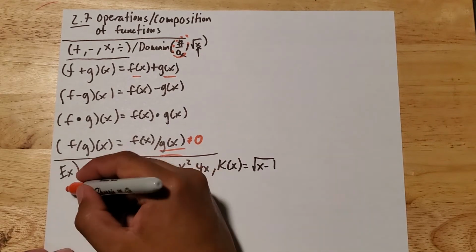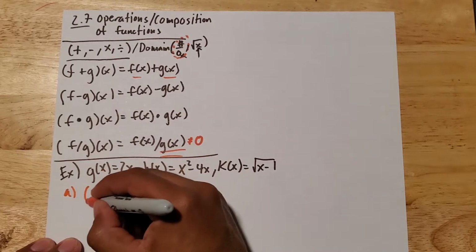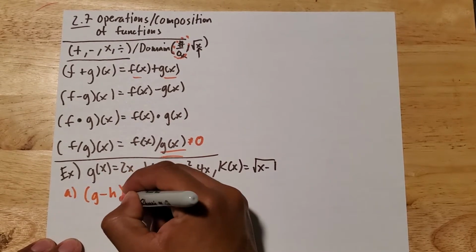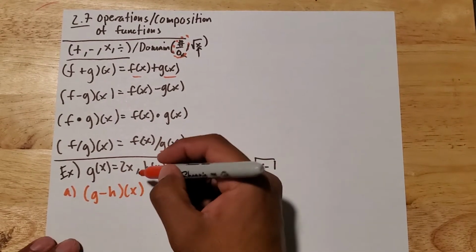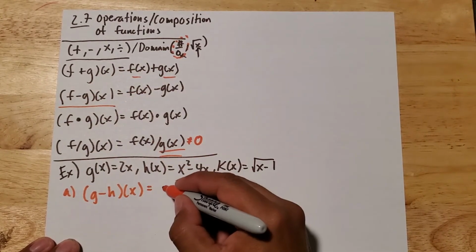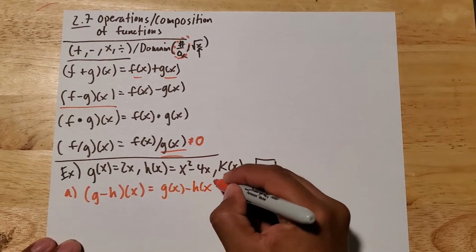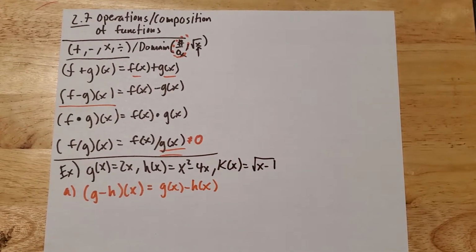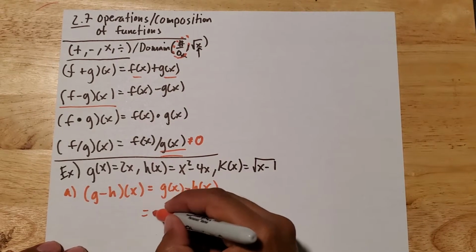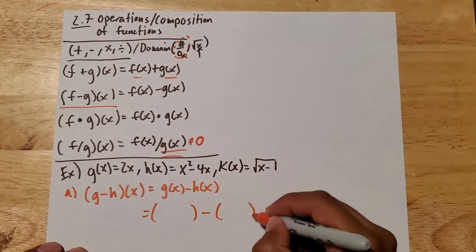Let's say, example A, we're going to have g minus h of x. And what this means, if I look at the notation here, it's just g of x, I'm going to subtract it with h of x. So when I do that, again, I'm replacing my entire g of x and my entire h of x.